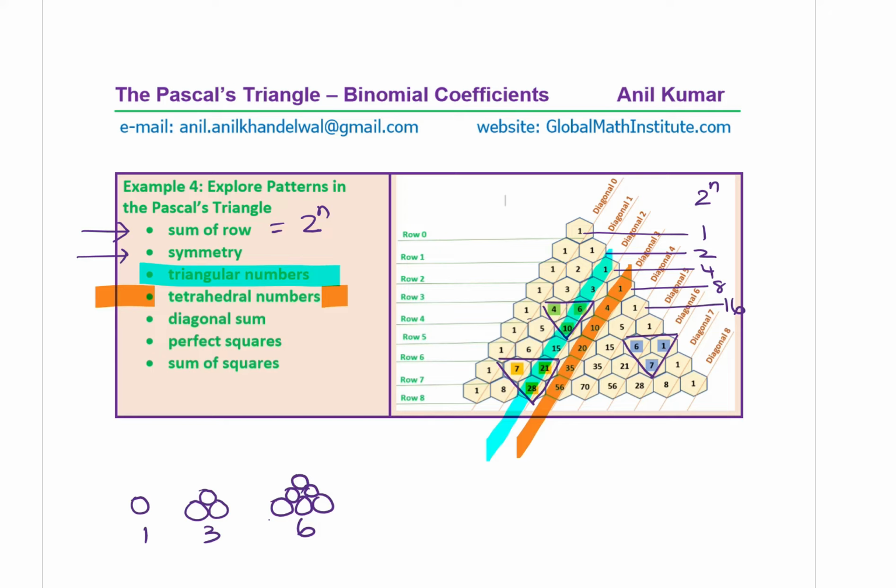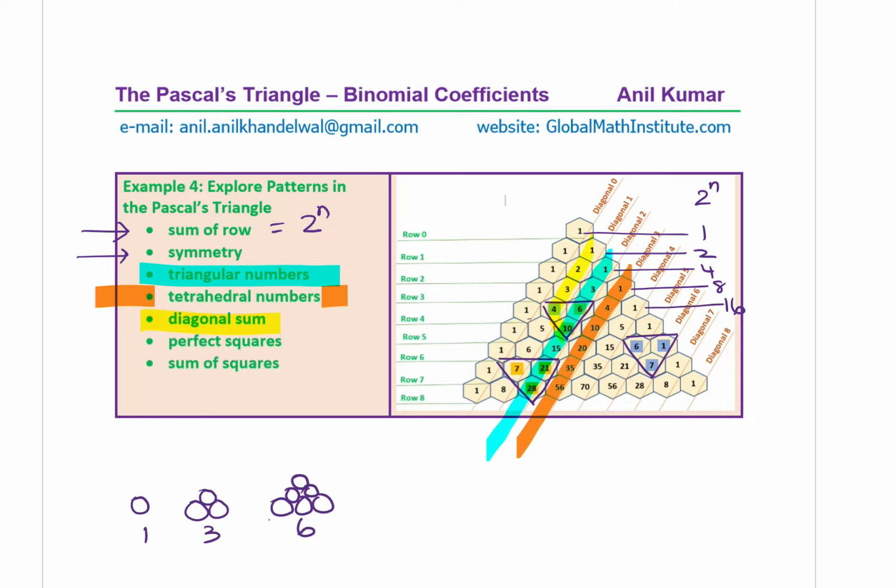Diagonal sum. Okay, so if I add 1, 2, 3, and 4, what do I get? Well, that is 10. You see that? 10 is also there, but it's in the diagonal next to it. So that is how you could add diagonals and get some values. So those are the diagonal sums. It gives you kind of a structure like a hockey stick. And so we have a hockey stick property of Pascal's triangle.